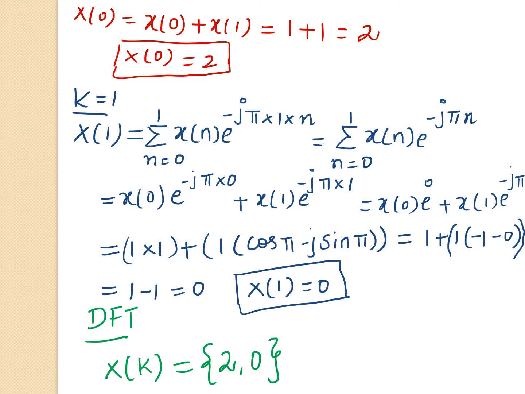And then for k is equal to 1 we can find X of 1. So X of 1 is equal to summation extending from n is equal to 0 to 1 x of n into e power minus j pi into k, the value of k is 1.